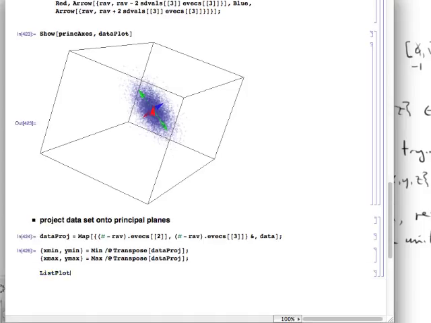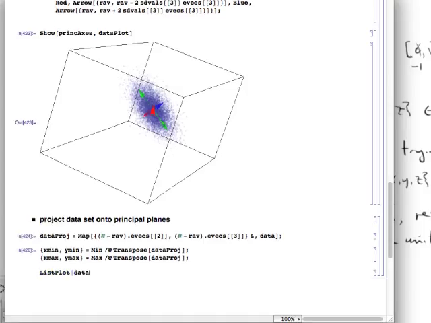And then I can do a list plot of the projected data with the plot range set using these min and max values.